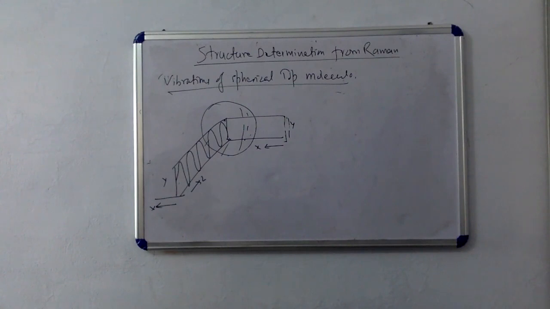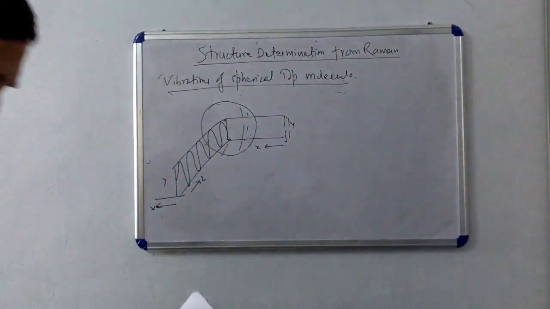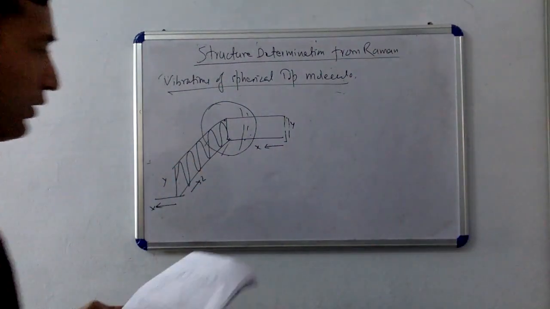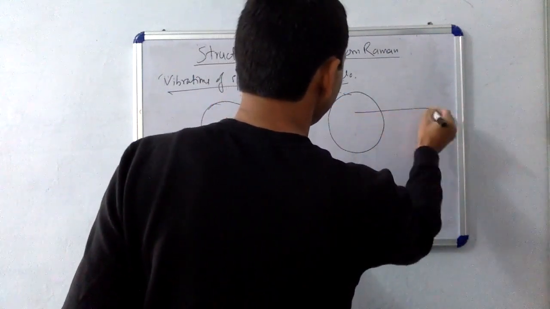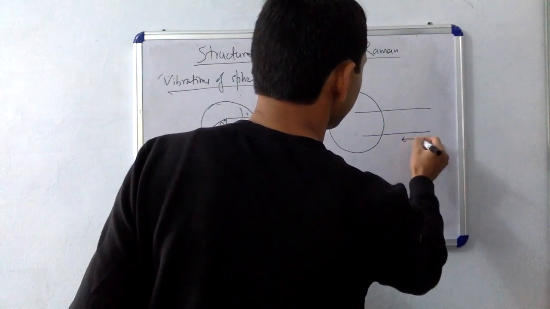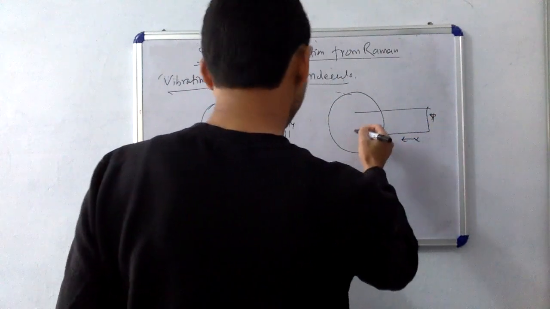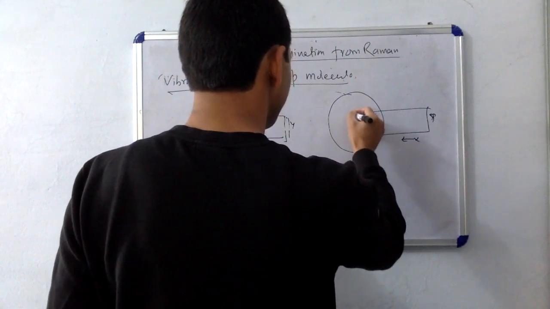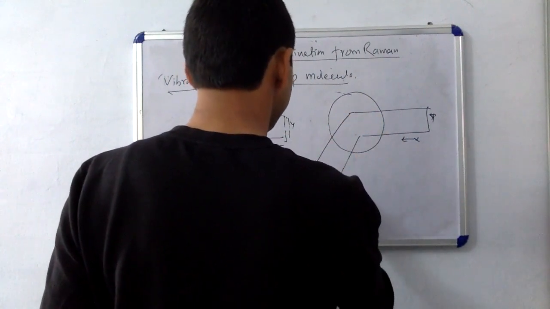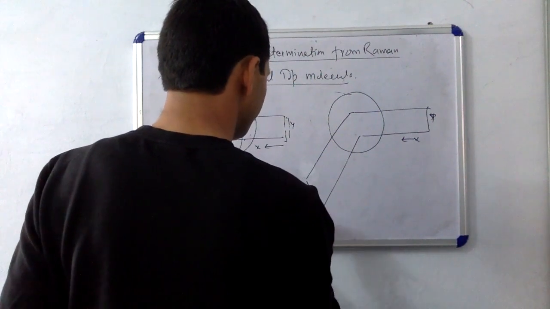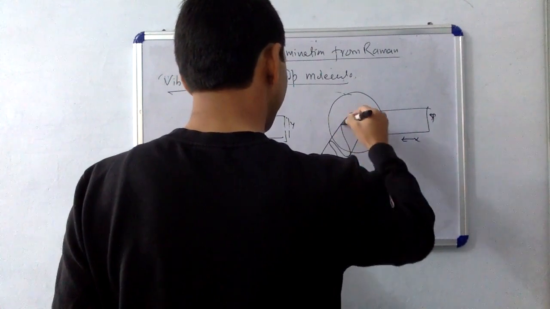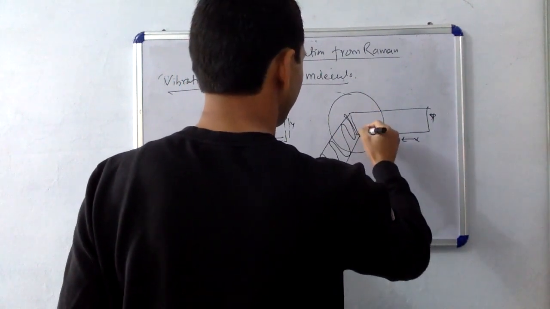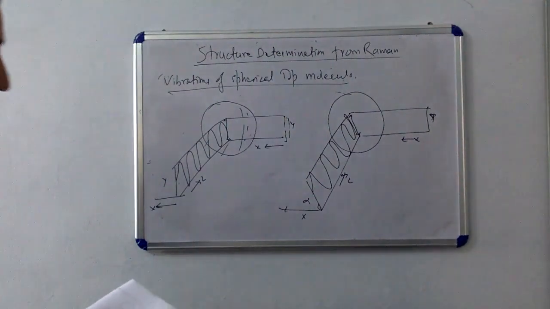Here the incident beam has its electric field vector in the yz plane. Now another case, again the same way: this is x, this is y, this is z. Now I have this field in a different direction, making an angle alpha.